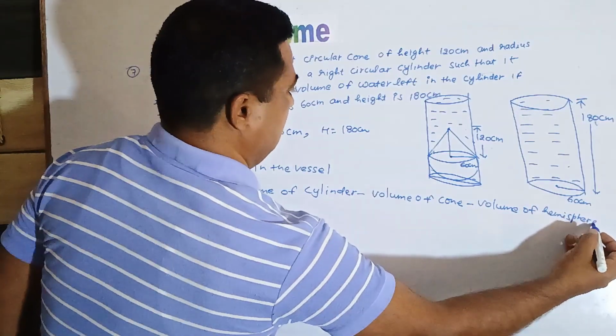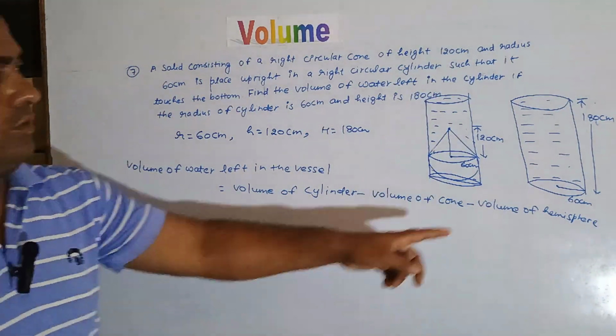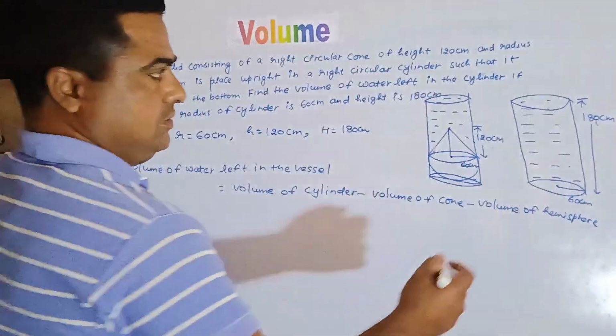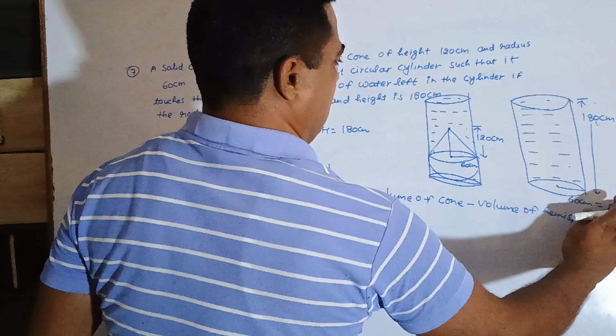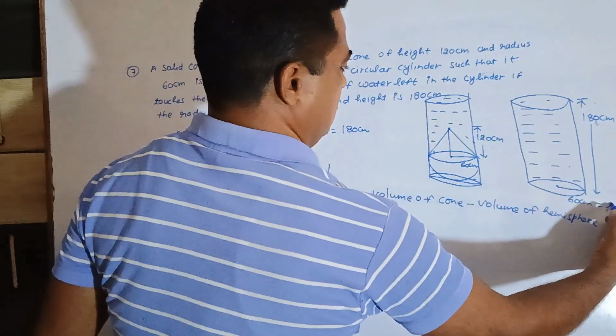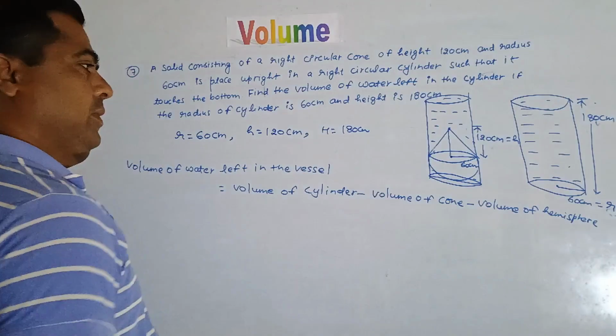We are subtracting both the volumes from the volume of cylinder. The height of the cylindrical part be capital H and radius be capital R, or you can write here, all the radii are the same, so small r, and height of the cone be small h, radius will be small r.